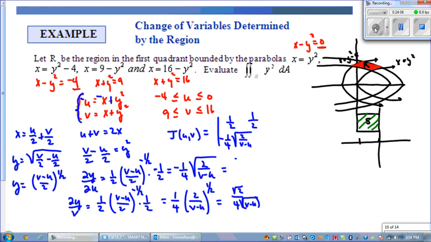And so the same thing up here: minus the square root of 2 over 4, and then the square root of v minus u. Not sure that's any simpler. Square root of 2 over 4 would be 1 over 2 times the square root of 2. So let me be consistent here.